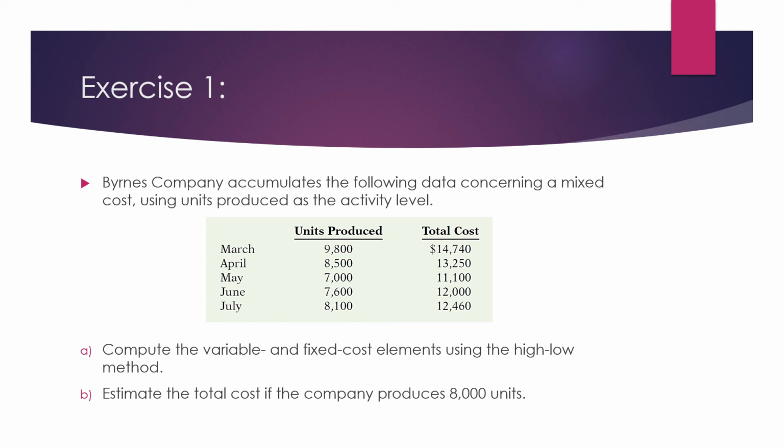B, estimate the total cost if the company produced 8,000 units. If we want to use the high-low method, we must find the highest unit first. After that, the lowest unit produced.